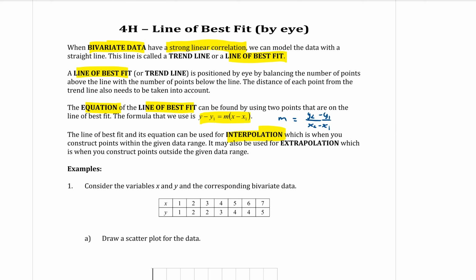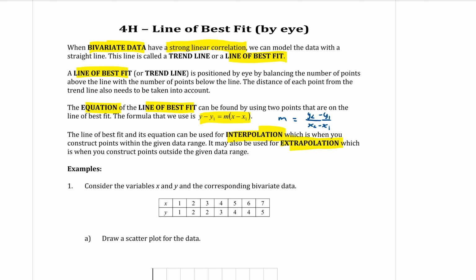However, we also want to be able to extrapolate, which means we can extend a line of best fit beyond 7 and estimate what would be happening if we went out further to higher results. Does that make sense? So that's extrapolation.